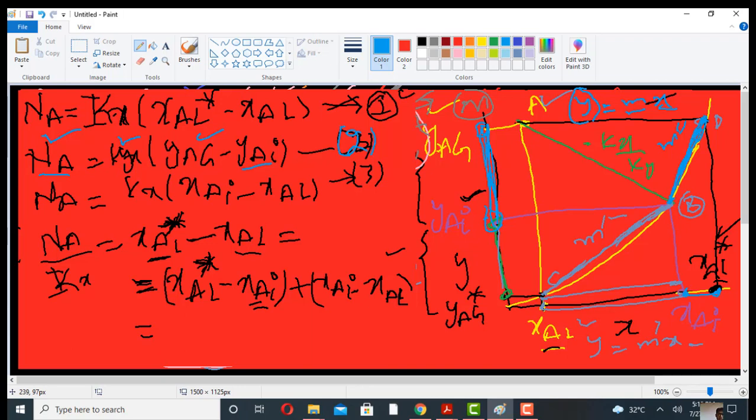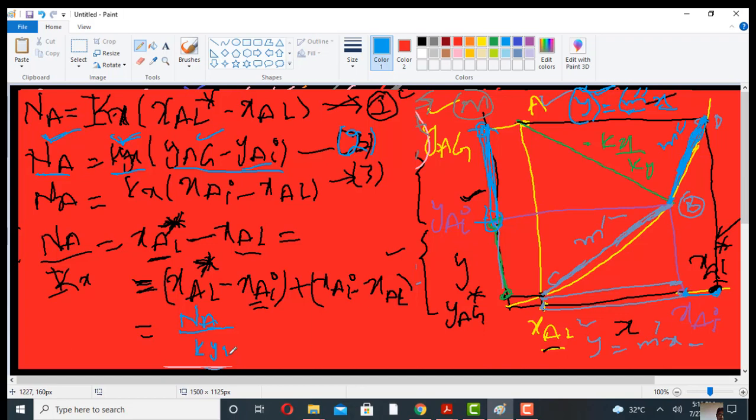So the y-axis is equal to NA divided by KY, because YAG minus YAI from this equation and from this graph is equal to NA divided by KY, and divided by slope, and the slope is nothing but the m double dash slope of this line.